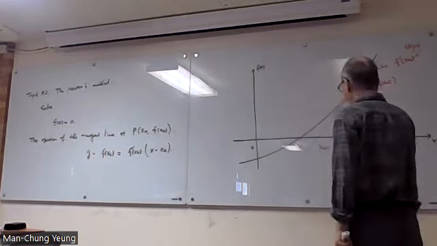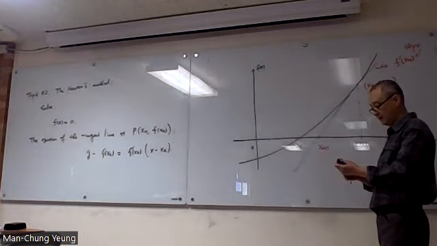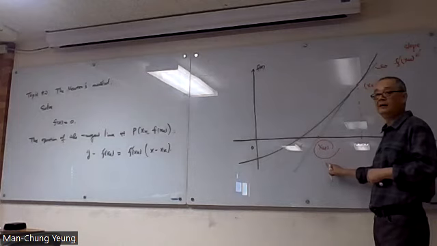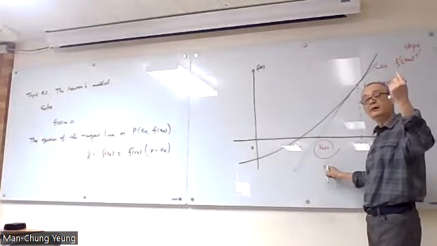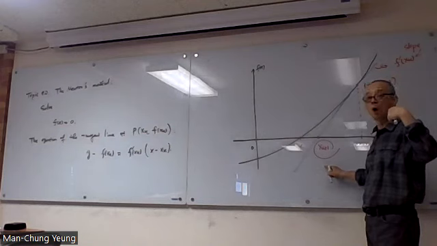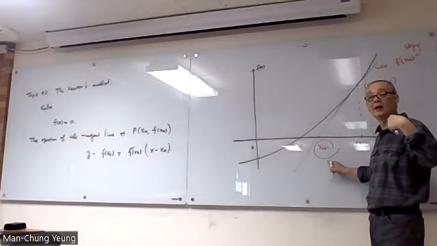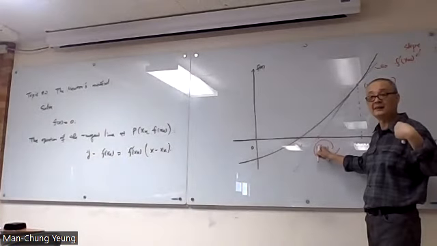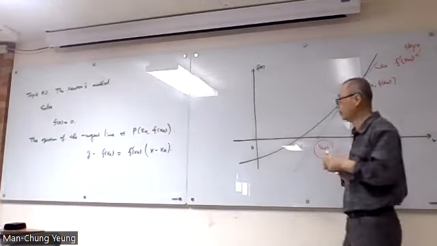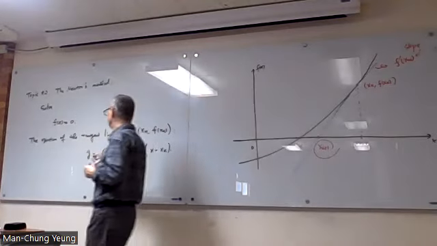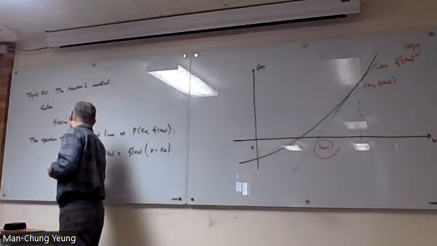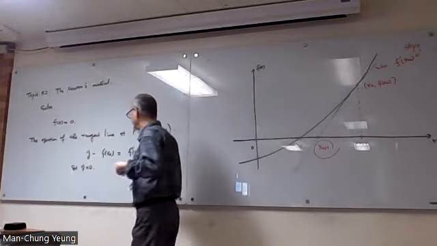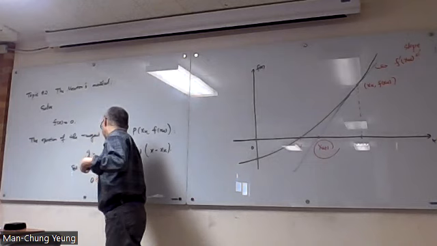Now I want to find this point here. At this point, the y coordinate is 0, right? Because the line hits the x-axis at this point, y is 0. So now set y to 0 in this equation, then we have this.